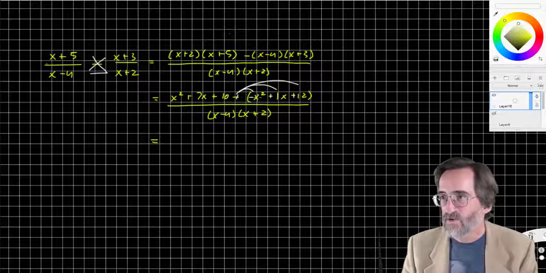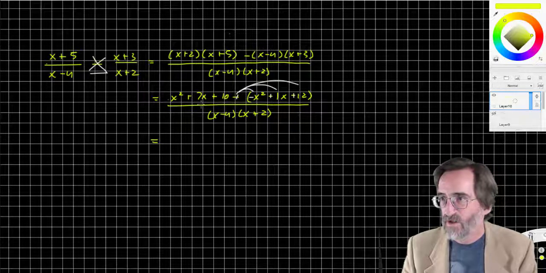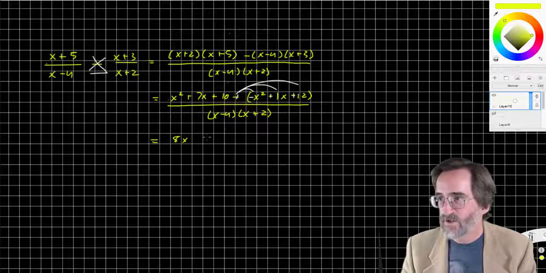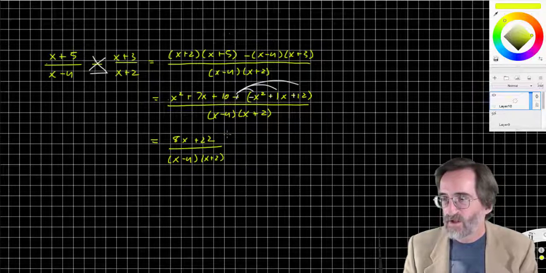So this is going to become plus, this is going to be minus, plus, plus. So 1x squared minus x squared, the x squareds are gone. 7x plus 1x is 8x. 10 plus 12 is 22. Over x minus 4, x plus 2. Okay, and I could try to factor a little bit.